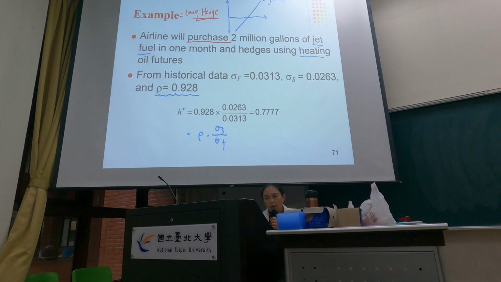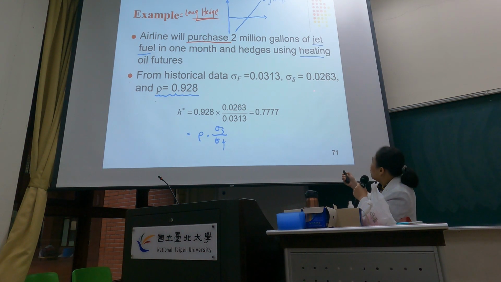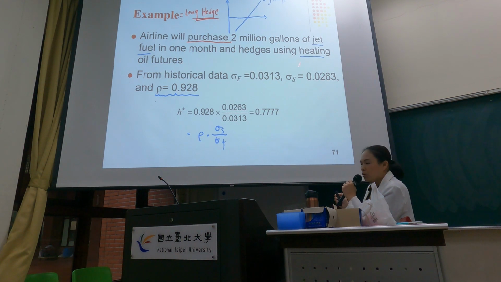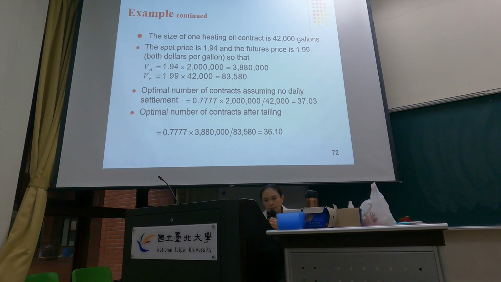What does it mean? The spot, this is your jet fuel, has lower volatility than your heating oil futures. So it comes out that you don't have to hedge that much. Are we okay with that? The hedge ratio is lower. So you come up with the hedge ratio, and then how many contracts should we long?